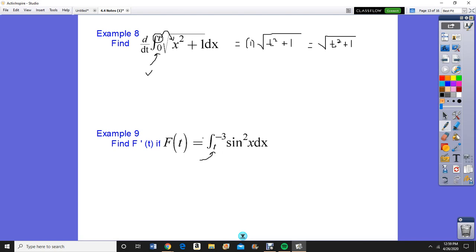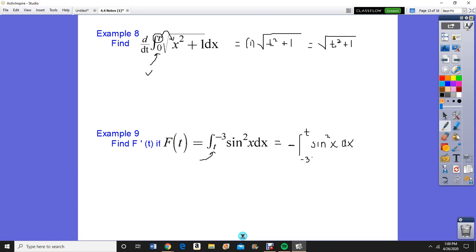So we will have to apply our rule to flip, if you will, the upper bound and the lower bound. So we'll place the -3 on the bottom and the t on the top. And remember, when we change that order, we then have to negate the value of that integral, and everything else here can stay the same.